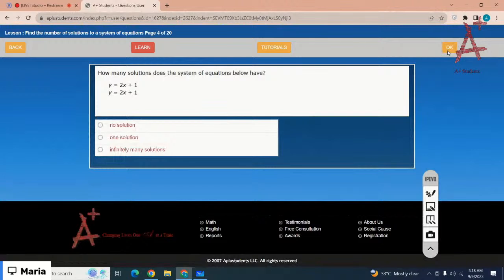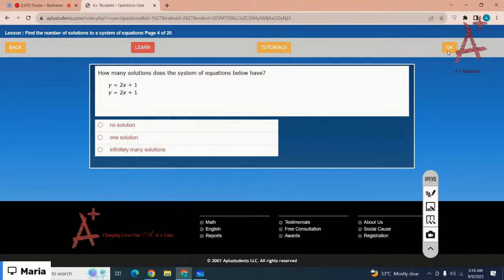How many solutions does the system of equations below have? Which is the correct option? Just look at the equations. You have two identical equations, right? That means they have the same slope and the same y-intercept.